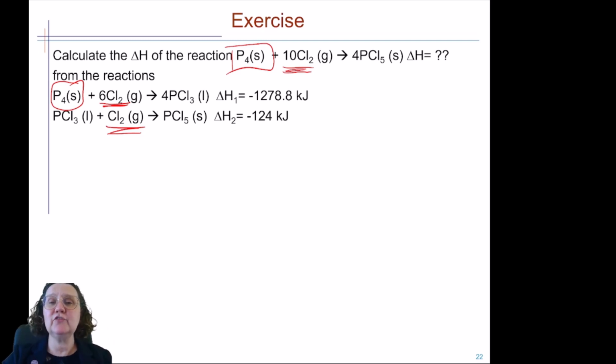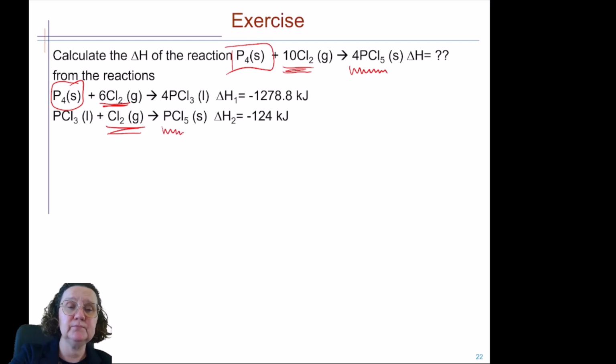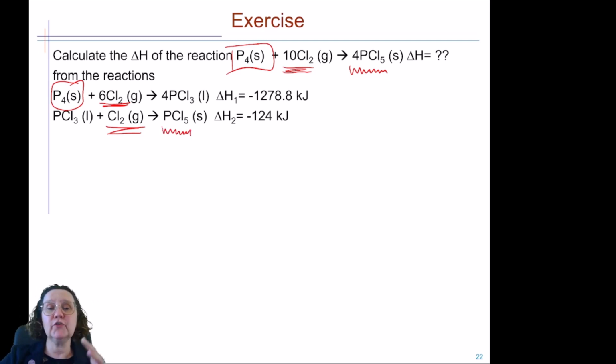Let's have a look at my product. My product is phosphorus pentachloride, PCl5, and I need 4 moles of it. And in the second equation, I've got phosphorus pentachloride. It's the same compound in solid state, it's not in the right quantity.